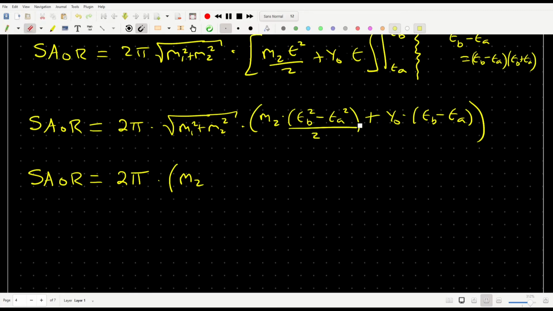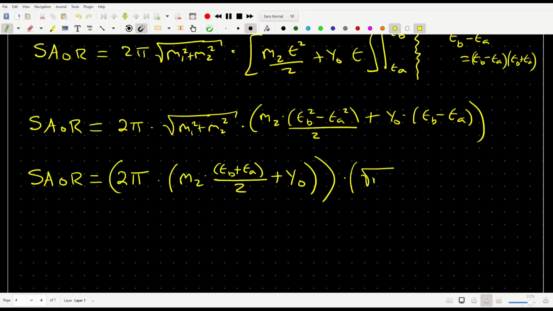Sorry about that. I dropped the division by 2 from this step to this step. It'll be m2 times t_b plus t_a over 2 plus y naught, all times the square root of m1 squared plus m2 squared times t_b minus t_a.